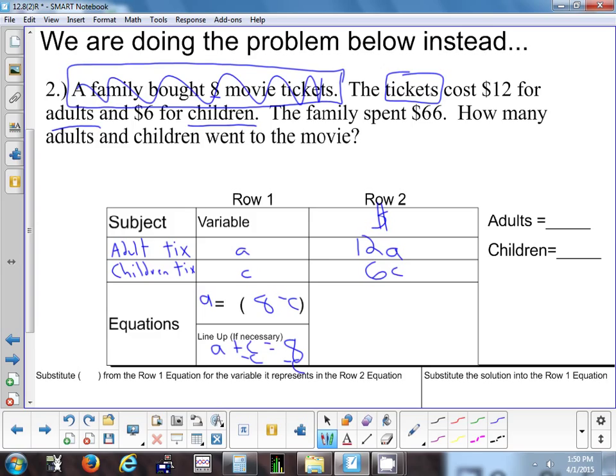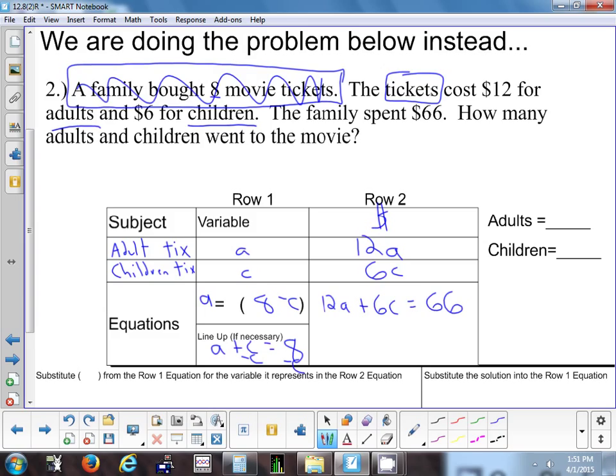Now, to do this equation for row 2, KJ, what's that going to look like? 12A plus 6C. 12A plus 6C equals what? $66.